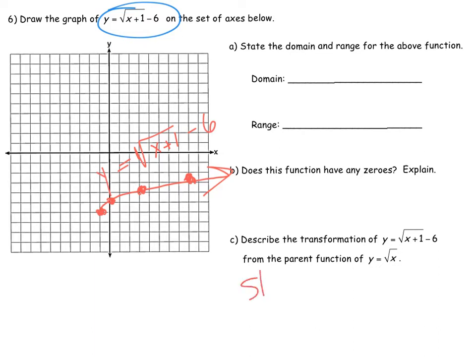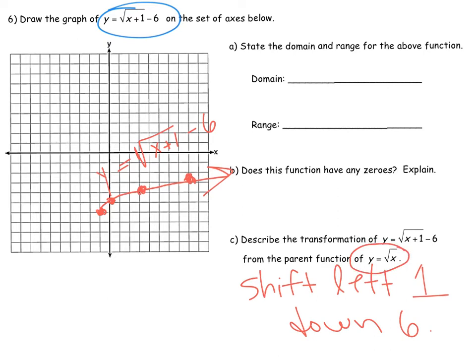We have shift left 1, and this is going down by 6. Again, the parent function would be a square root function right there. Now we've got to talk about domain and range. If you look at the graph, the smallest possible value for x would be when x is negative 1.